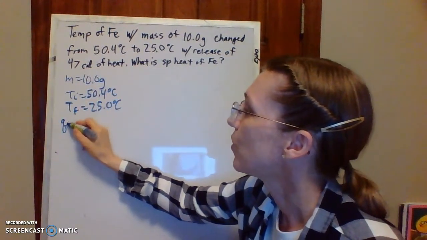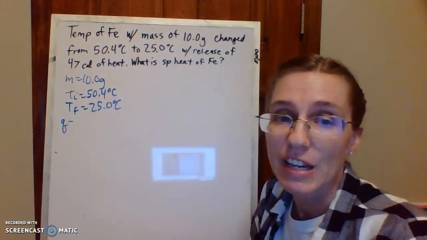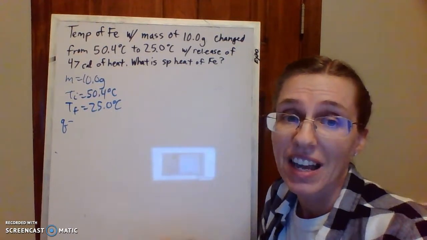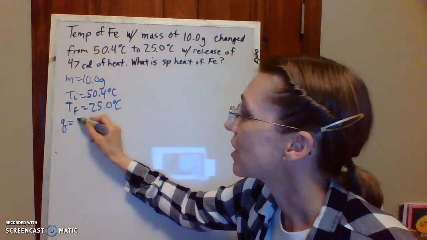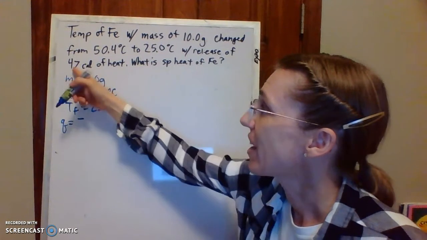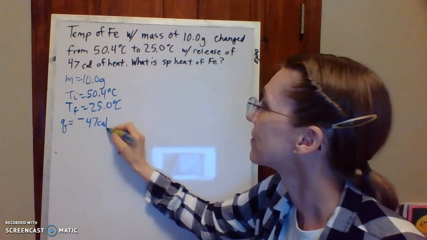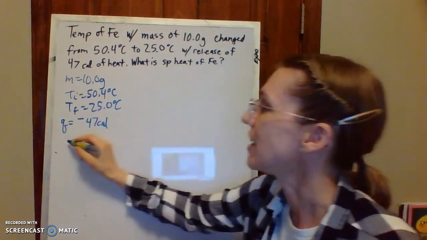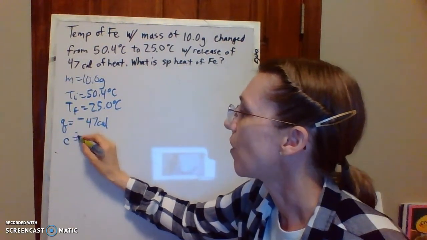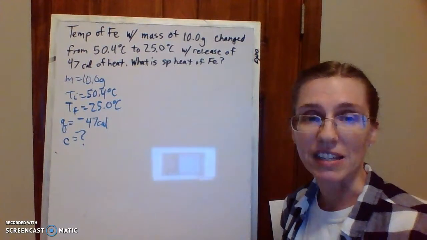So our Q, if heat is released, it means it's exothermic. Exothermic means that Q is a negative number. It happens to be 47 calories. It asks what's the specific heat. So this time our question mark is our C.